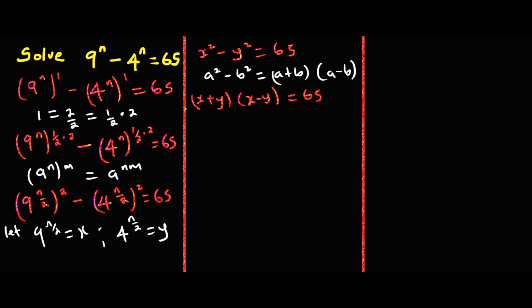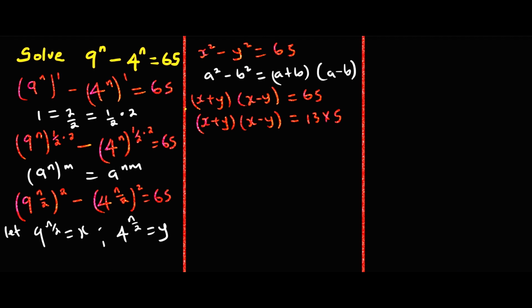And remember, we can also rewrite 65 as a product of two numbers. So we can say this x plus y times x minus y is equal to 13 times 5. So you just want to have similar things on either side of the equation. So we have this product equal to that product.